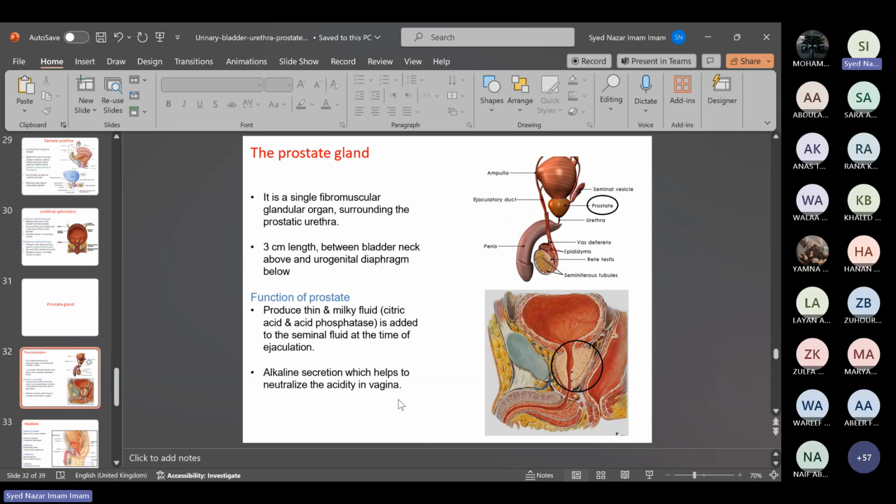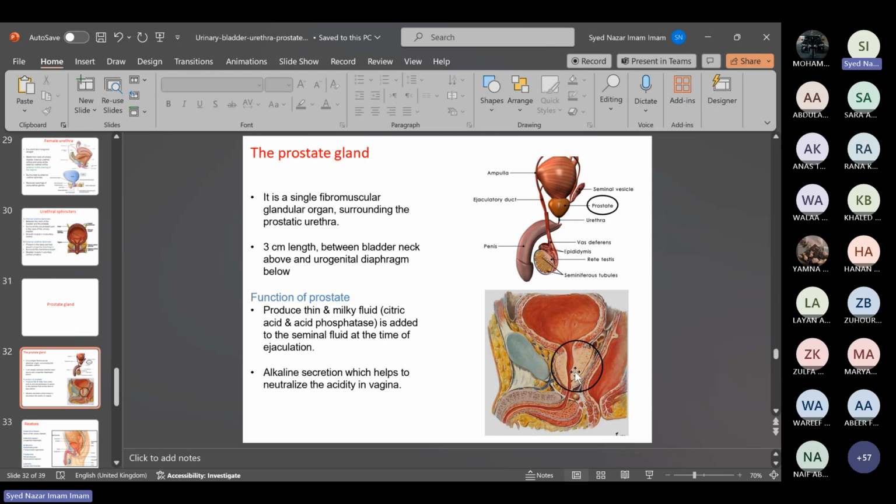Coming to the prostate gland, what type of gland is it? It is a fibromuscular glandular structure surrounding the prostatic urethra in the male. Here you can see it is surrounding the prostatic urethra. It lies just below the urinary bladder and the neck of the urinary bladder, encircling the prostatic urethra.